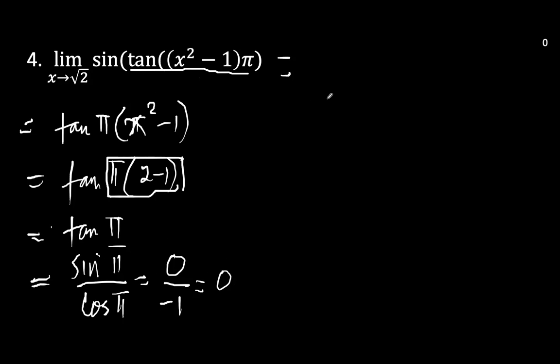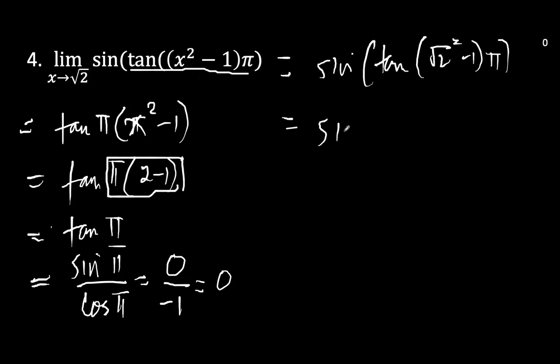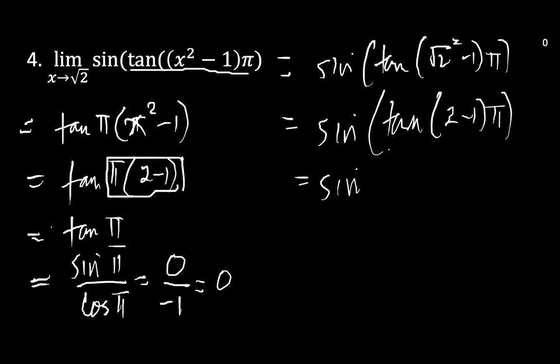So let's do that. We have sine of tangent of square root of 2 squared minus 1 times pi, which is sine tangent pi. And we have already solved that tangent pi is equal to 0.